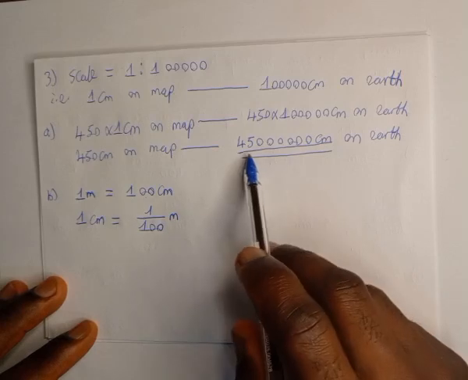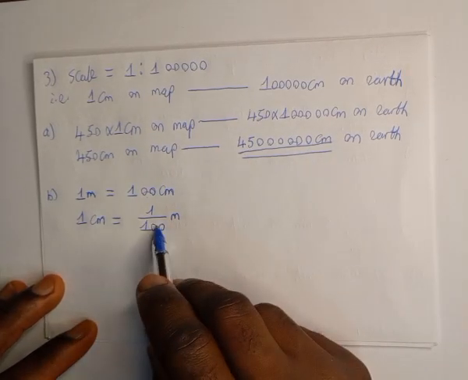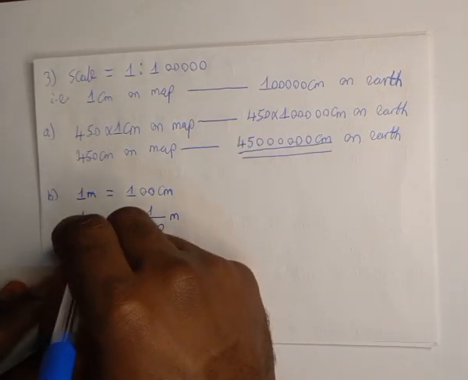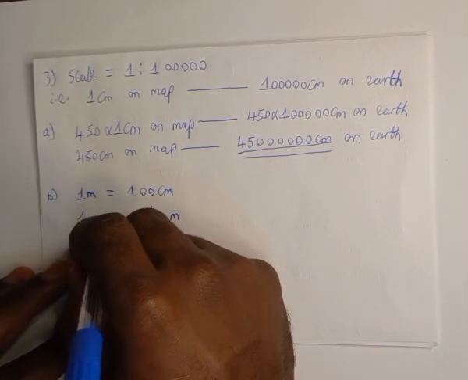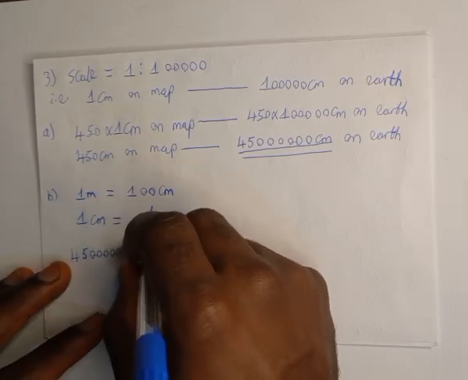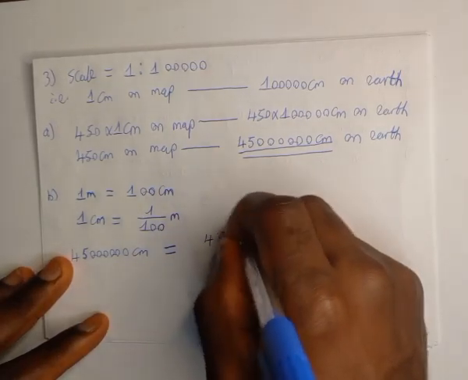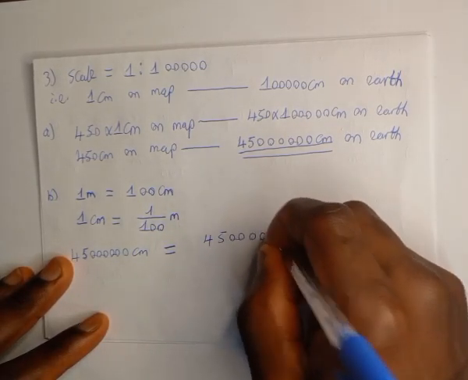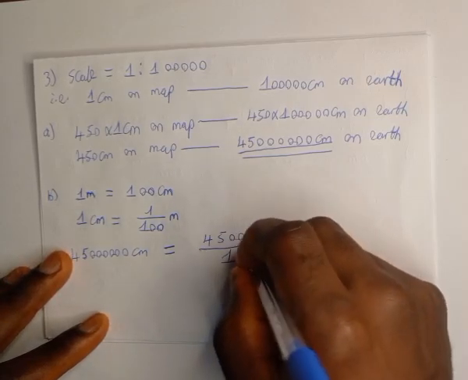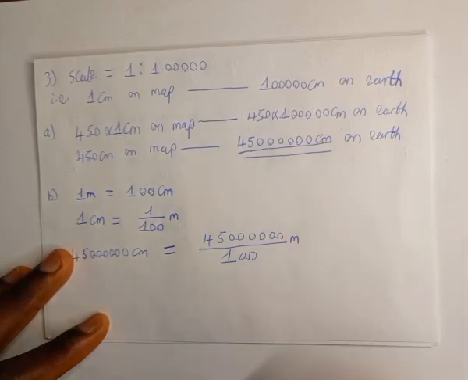Therefore, if we take 45 million centimeters, we have to change to meters. We are going to divide 45 million by 100. 45 million centimeters would simply be equal to 45 million divided by 100, and the new unit will be meters.